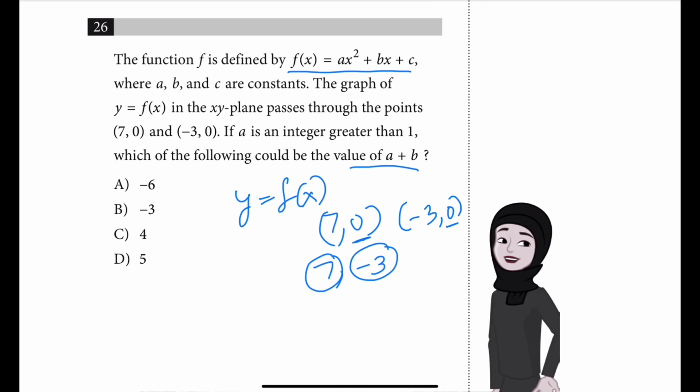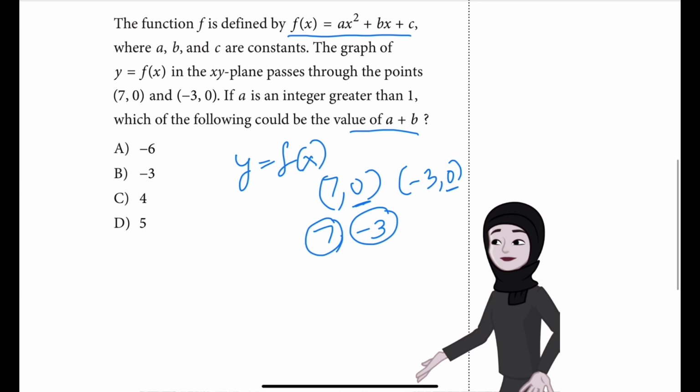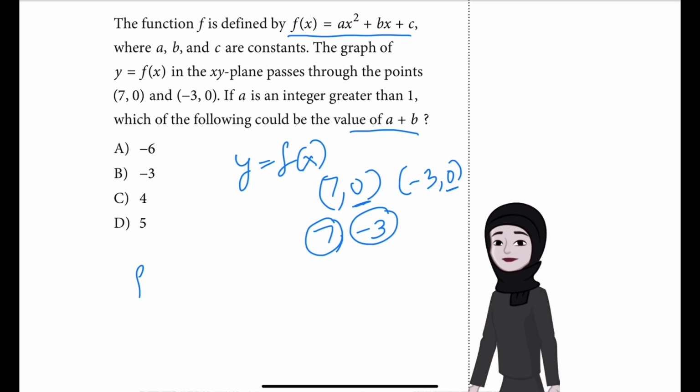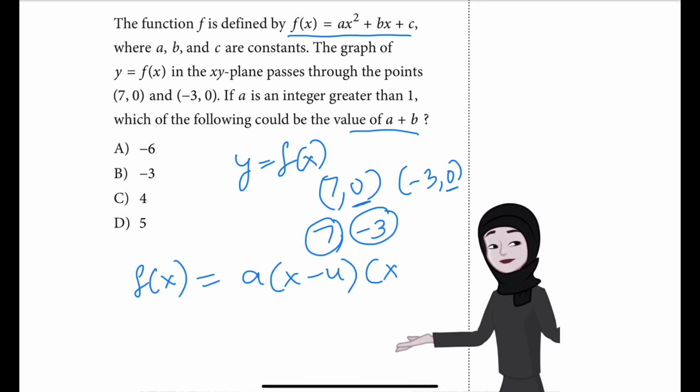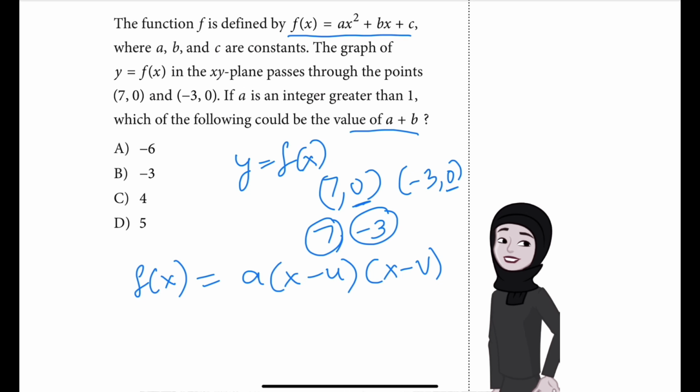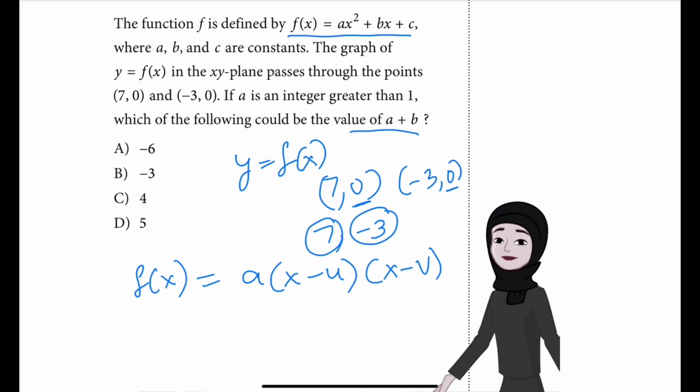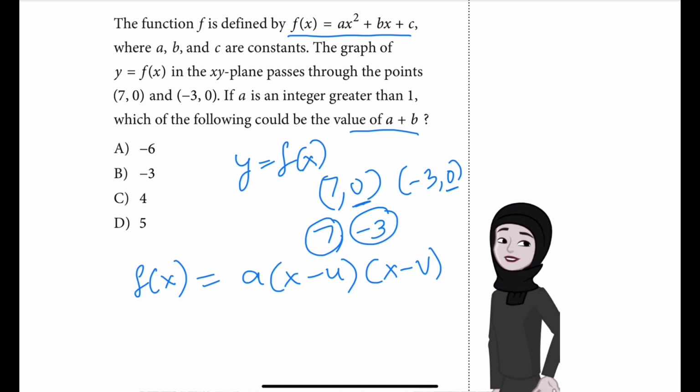So we know that the function is a quadratic function, and we can also write it in factored form. What is the factored form of a quadratic function? f of x is equal to a times (x minus u) times (x minus v). This is the factored form of the quadratic, where f of x is 0 when x is either u or v. So we know that f of x is 0 when x is either 7 or -3.